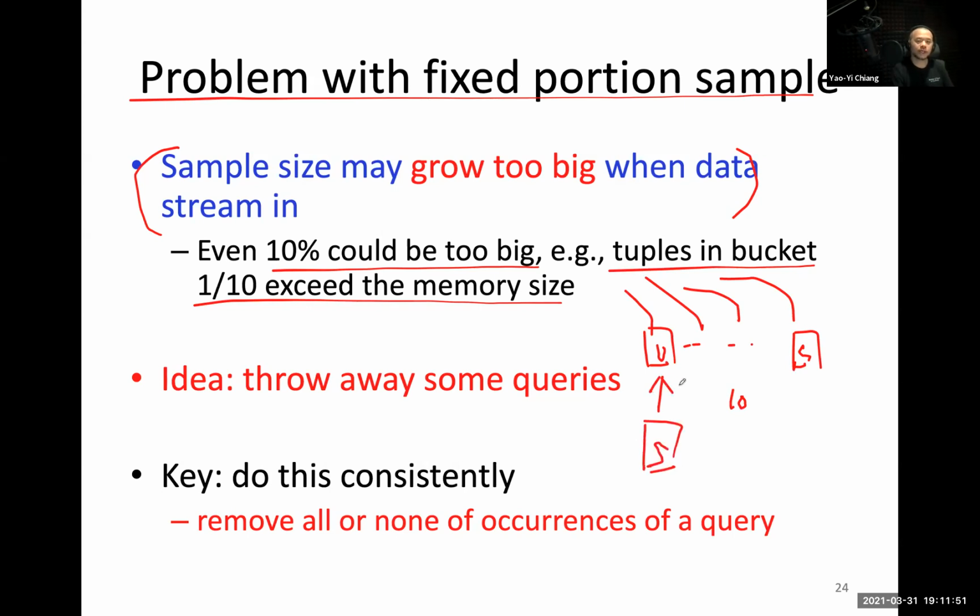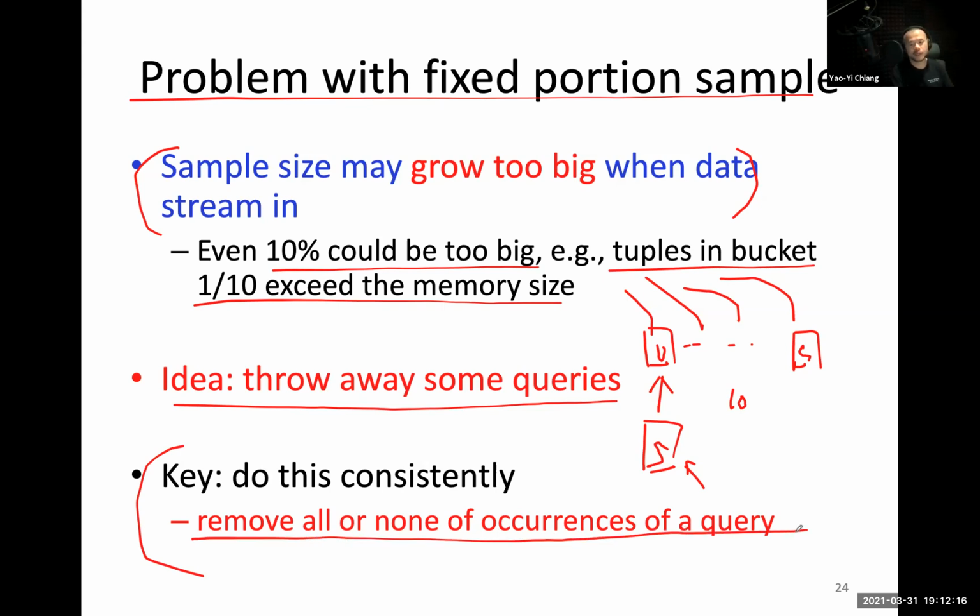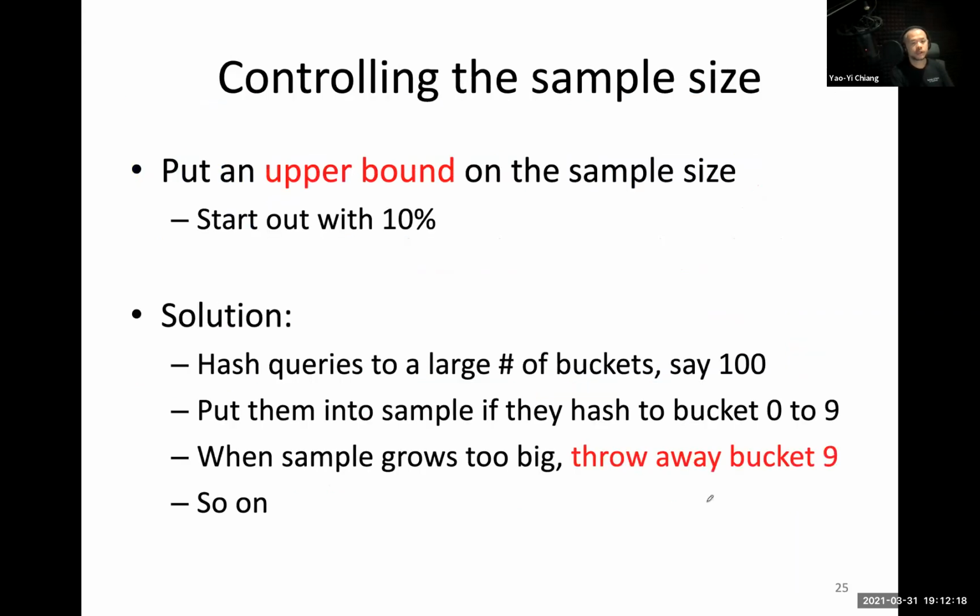But what if this bucket has too many users and your memory cannot really store this sample? It's too big. The idea is we still want to throw away some queries, but the key is we want to do this consistently. That means we need to be able to remove all or none of the occurrences of a query. But what does it mean? How do we do this? For example, we start with an upper bound of the sample size, say 10%.